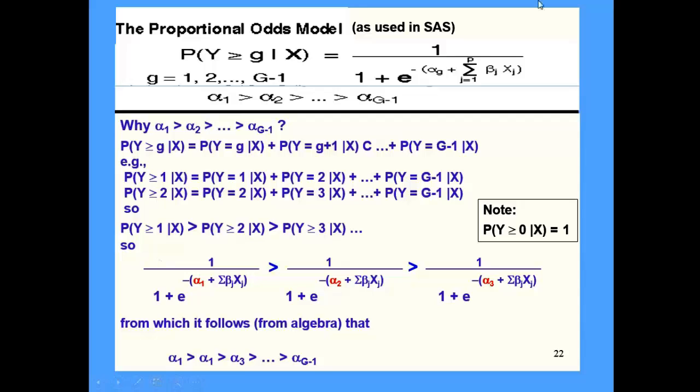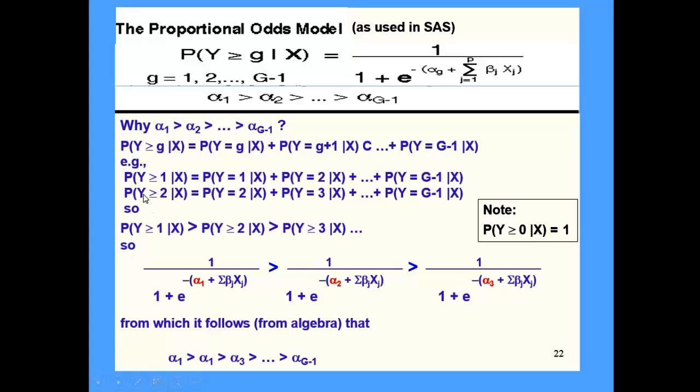Well, as you can see from this, there are more terms here than there are here, right? So this term is in this formula, but it's not in this formula. So this thing has to be larger than that, right? Big deal, right? The probability that y is greater than or equal to 1 has to be larger.